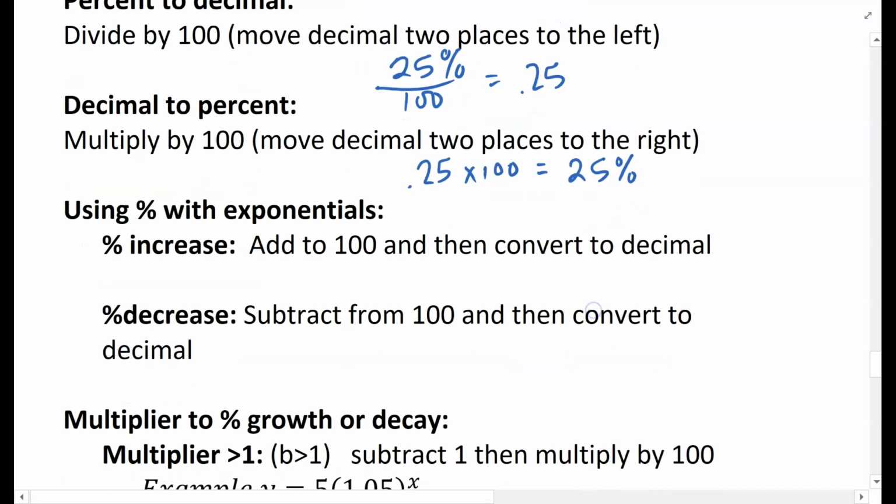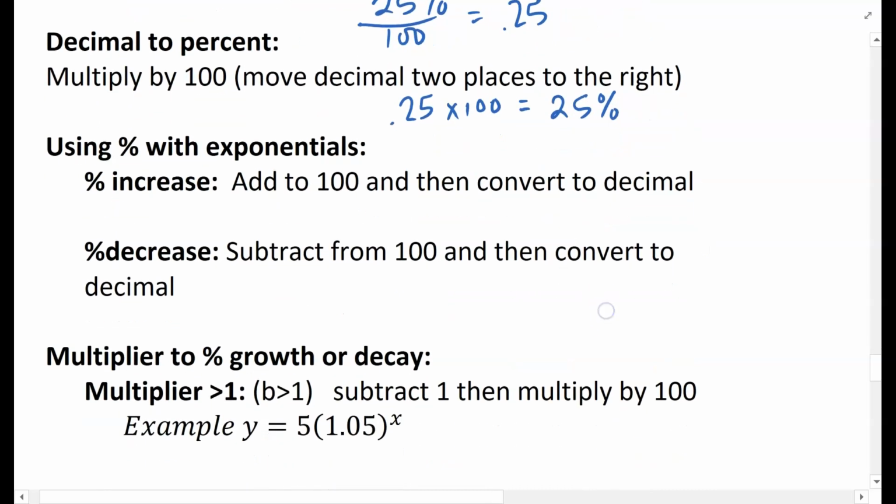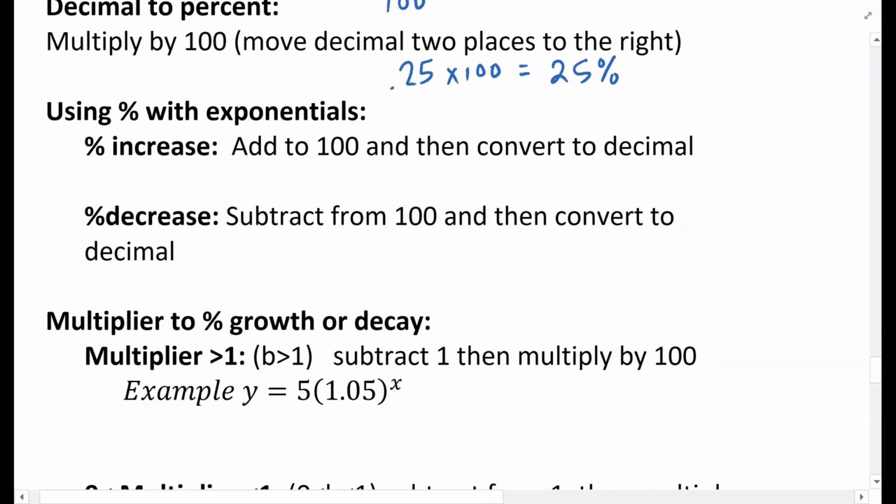Okay, now when we talk about percent increase, percent decrease, if we're trying to find the growth factor or decay factor, we're going to need to take that percent decrease or increase and convert it into a growth factor. So if it's a percent increase, we want to add that to 100.